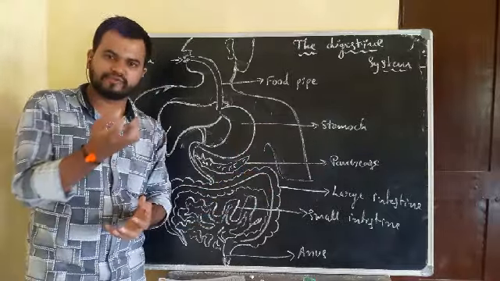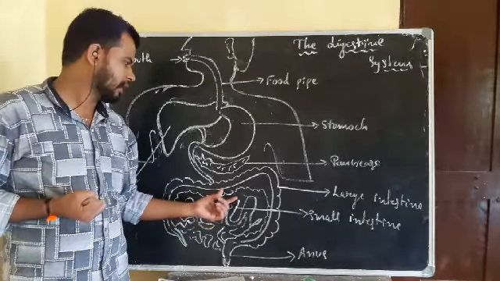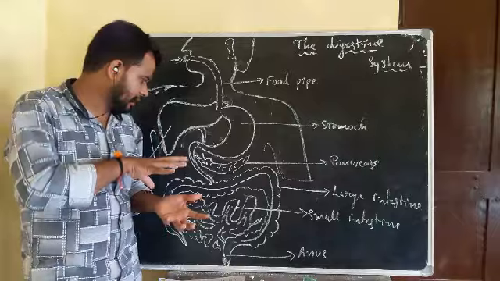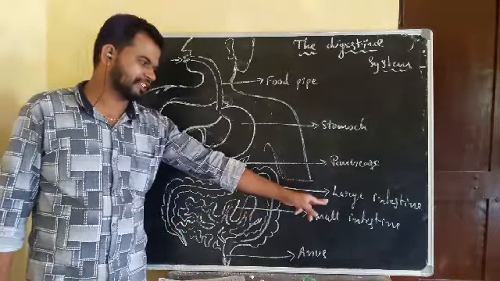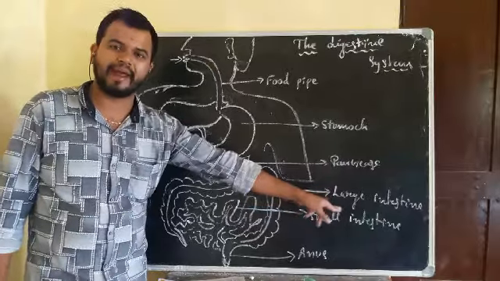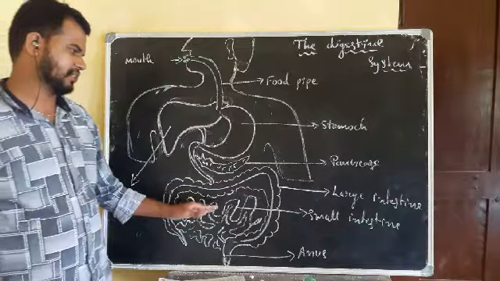The large intestine absorbs water from the food, and it becomes waste product, and that waste matter is called feces. Okay, this is about the large intestine.